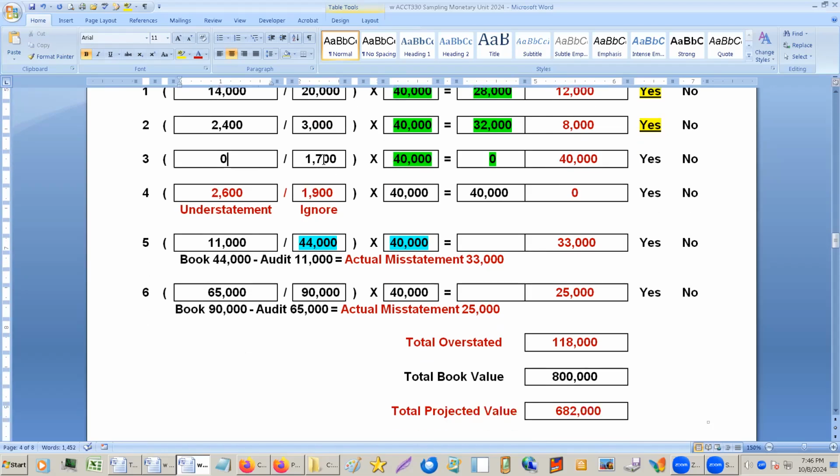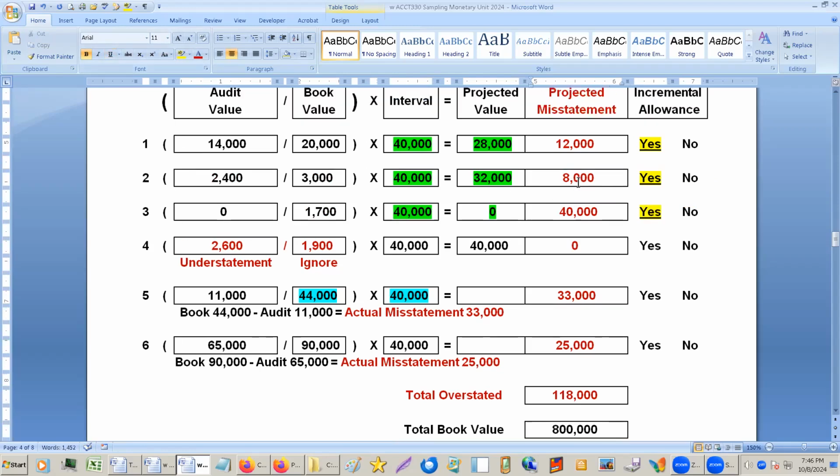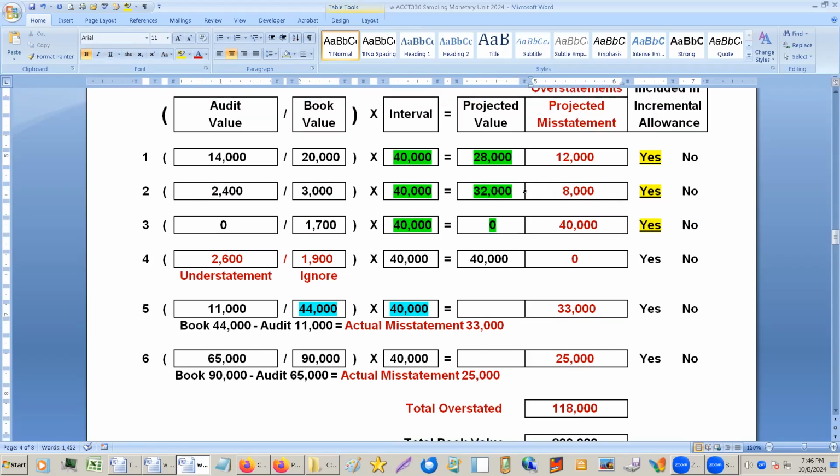And this one, we use 1,700, so the other 38,300 could go wrong. So we will set aside some incremental allowance for that one. It could be worse.